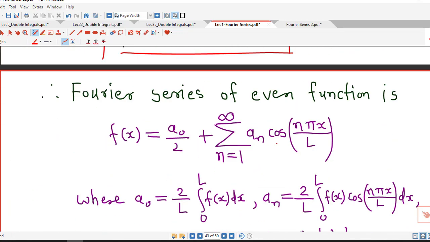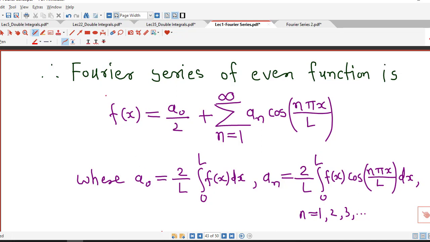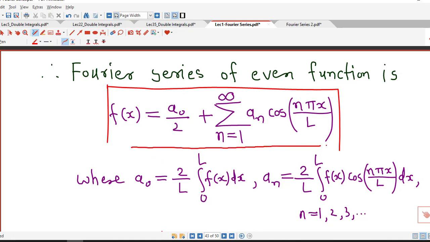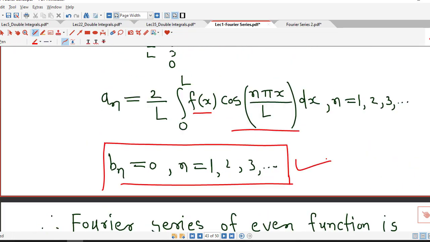So if function f(x) is even, Fourier series is given by f(x) equal to a0 by 2 plus sigma n equal to 1 to infinity an cos(n pi x by L), where a0 is given by 2 divided by L times integral of f(x) from 0 to L, and an is given by 2 by L integral of f(x) cos(n pi x by L) dx from 0 to L, and bn's are 0.